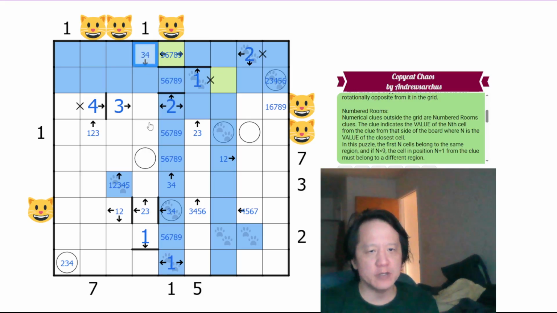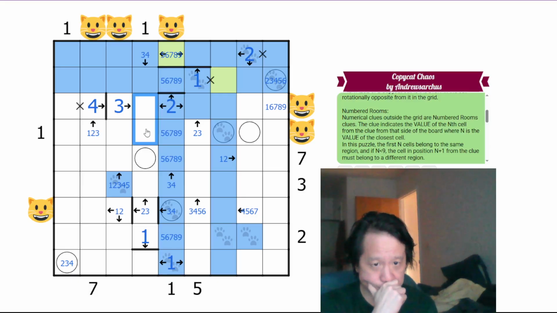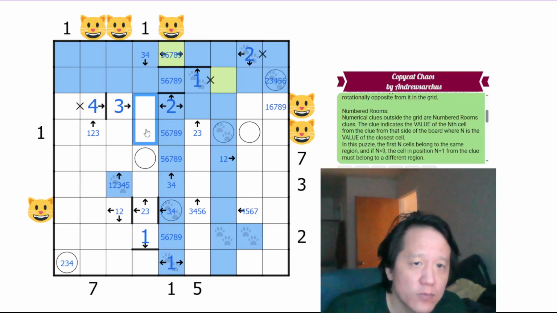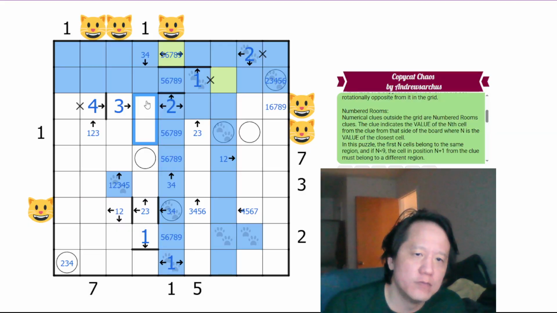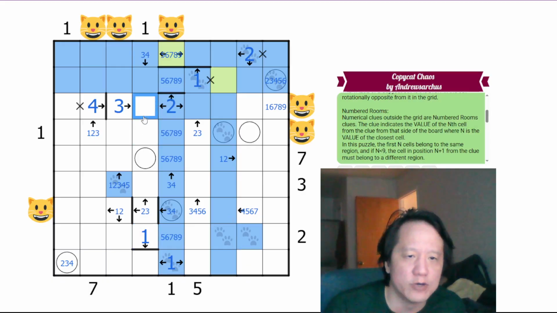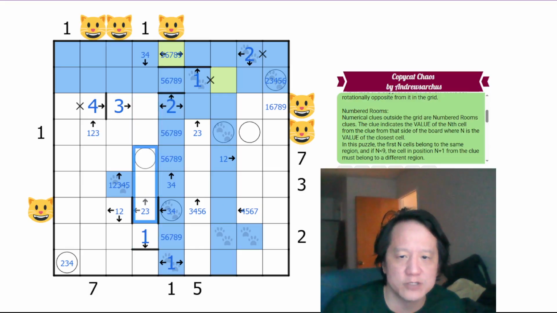One has to be in either 3 or 4 as a value. So one of these is 1 as a value, and this is 1 as a value. So the only copycats in this column are one of these 2 cells or here. That eliminates copycats in the rest of the column.